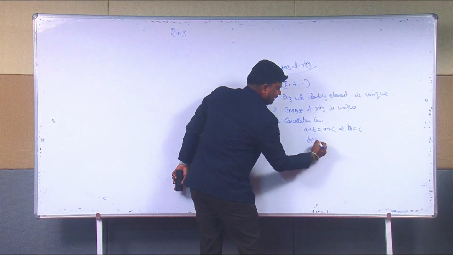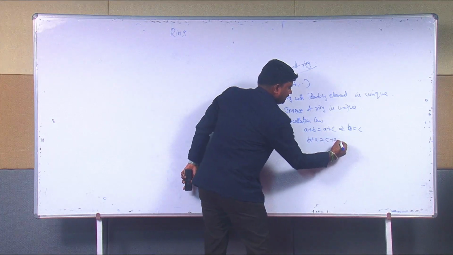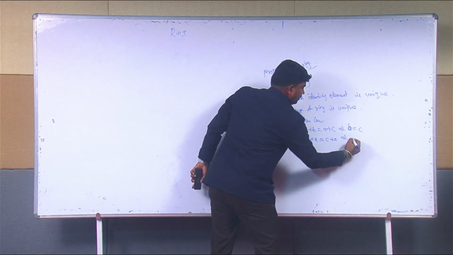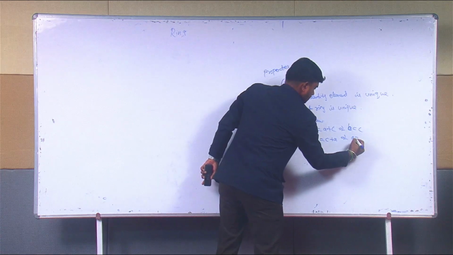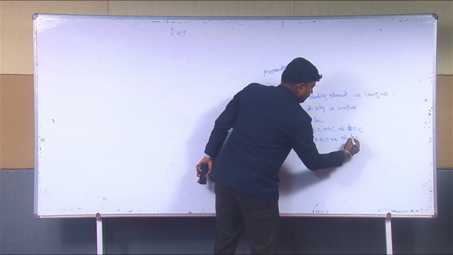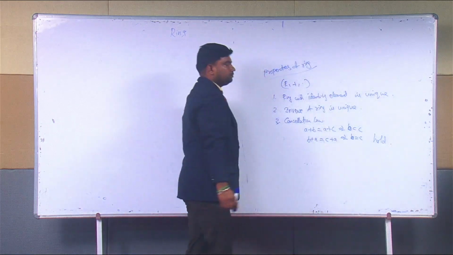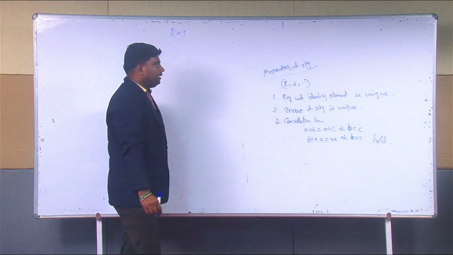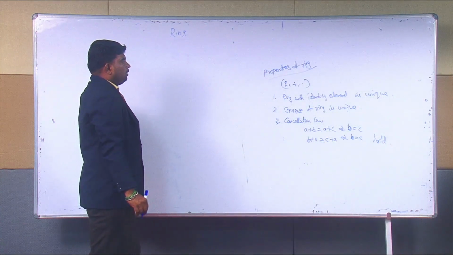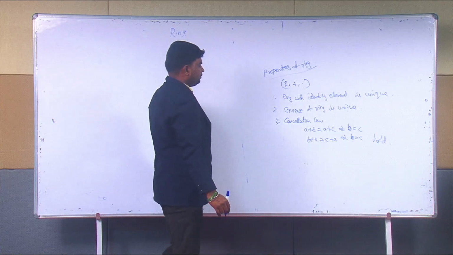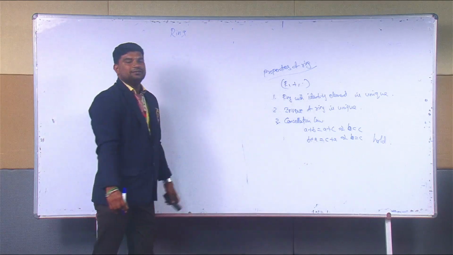And b + a = c + a implies b = c, the right cancellation law. So these are the properties of ring.